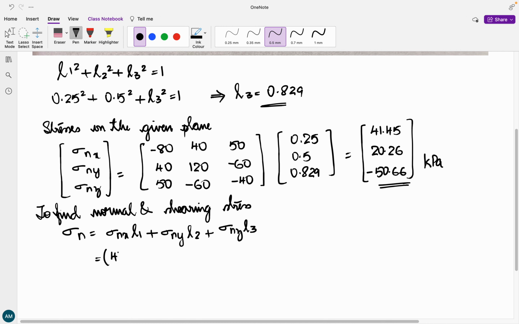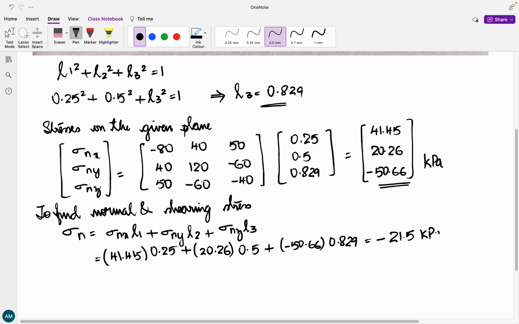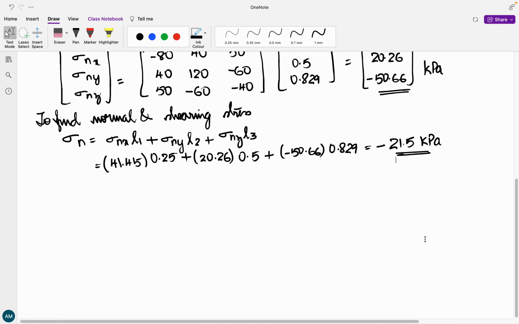Substituting, 41.45 into 0.25 plus 20.26 into 0.5 plus minus 50.66 into 0.829. If you solve it, you will get the answer as minus 21.5 kilopascal. Please do not forget writing the units.